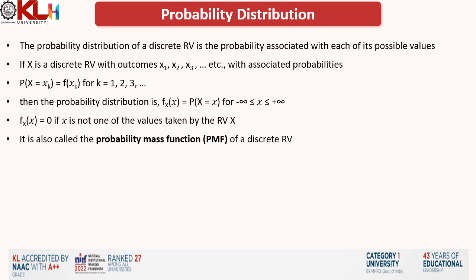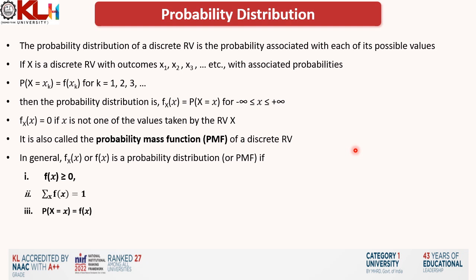The probability distribution for a discrete random variable is also called probability mass function. You'll come across this term more often for discrete random variables. So the rules for any function to be a probability mass function are very simple.